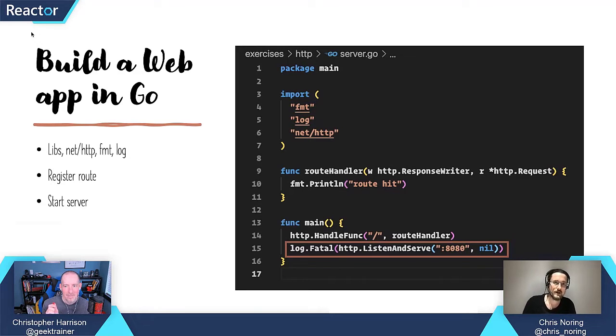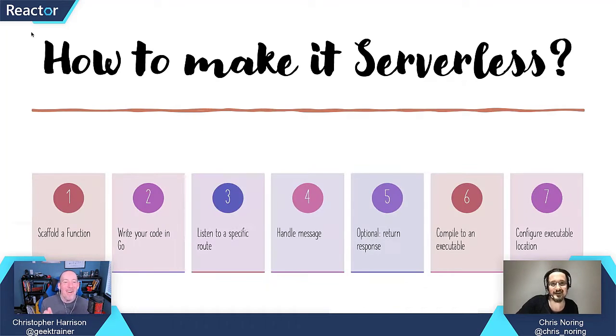The important part, why I'm segueing into building web apps in Go, is that the difference between building a simple web app in Go and making it serverless is a very, very small difference. It's actually hard to understand what the difference is unless you look in the configuration files for Go. So this is why I'm starting with a web app, to get you all used to and massaged around a Go web app. It's not that difficult. It's not that hard. No, I appreciate that.